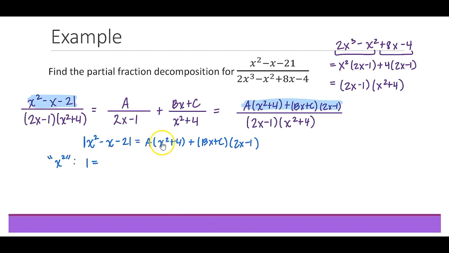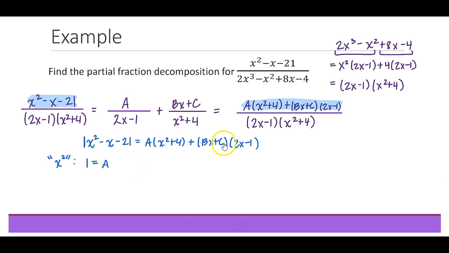Now, best case scenario is that we can do this mentally, as we did on the previous one, but if you have to, you can multiply it out to really see all the stuff that's in front of x squared. So let's try to do it first without multiplying it all out, but then I will multiply it all out. Here, if I did distribute this a, in front of x squared would be a.